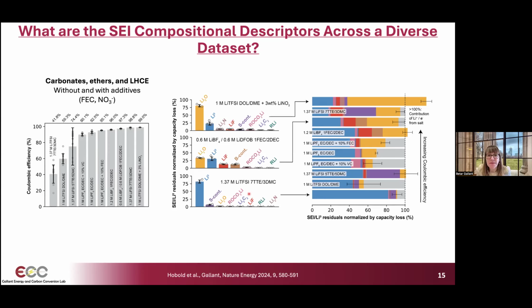So here you see the example of how these capacity loss breakdowns look. We change the electrolyte. We see different ranking of different loss modes. And then all of the data for the 10 electrolytes are shown at right, ranked in the order of lowest to highest Coulombic efficiency from bottom to top.